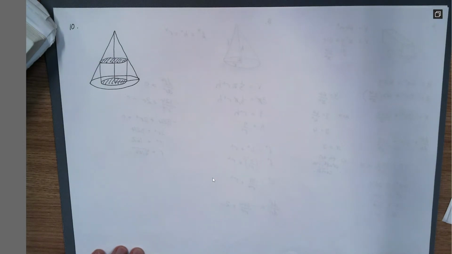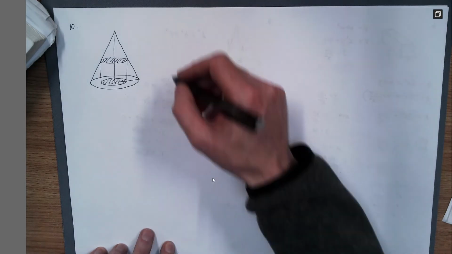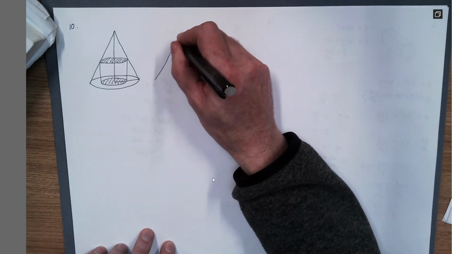In 2D, we just call it a rectangle and triangle, which you all learned.